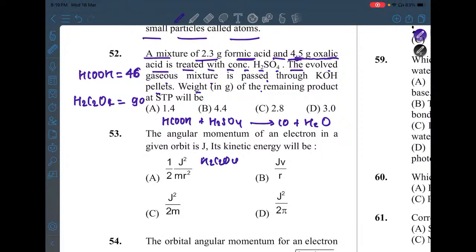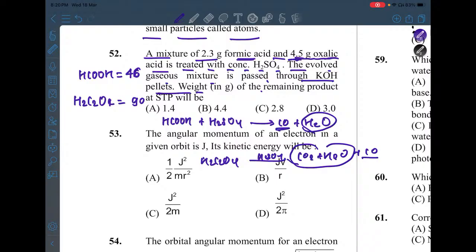Whenever H2C2O4 is treated with sulfuric acid, it gives CO2, H2O and CO. Now CO2 and H2O will react with KOH pellets, so the remaining product is CO. Now apply stoichiometry. 1 mole of formic acid gives 1 mole of CO, and 1 mole of oxalic acid also gives 1 mole of CO. Now calculate the moles of formic acid: given weight is 2.3 and molecular weight is 46, so the moles are 0.05. So 0.05 mole of CO will form.